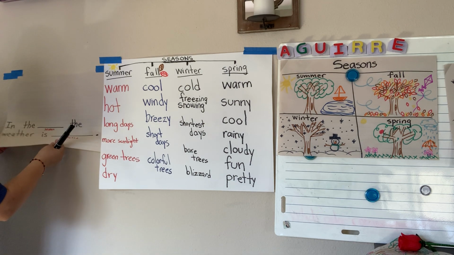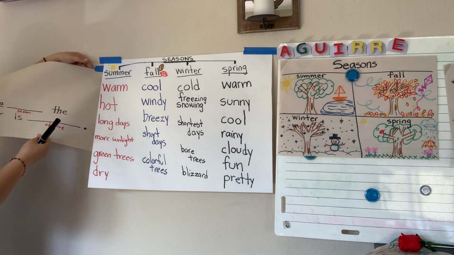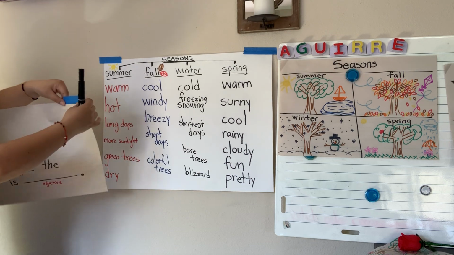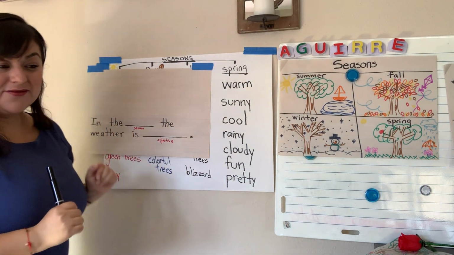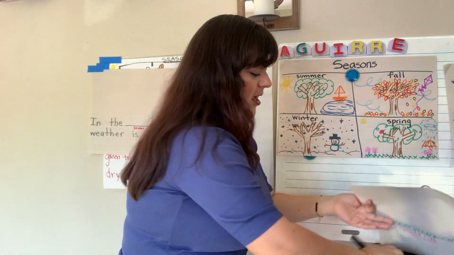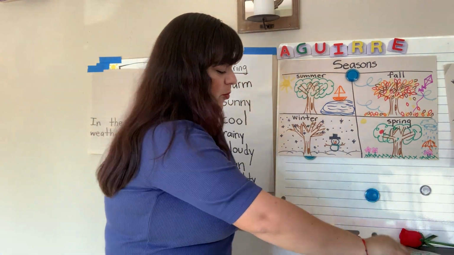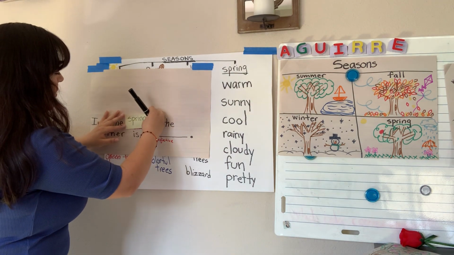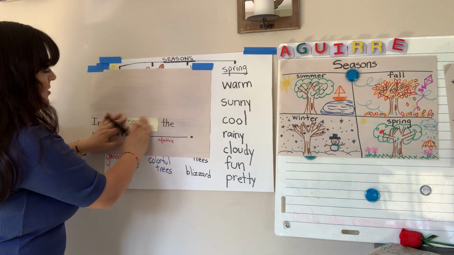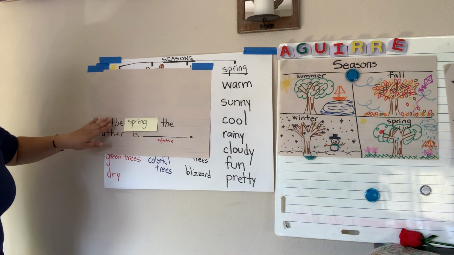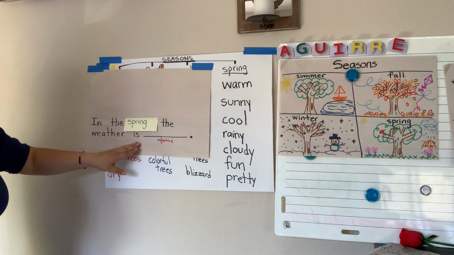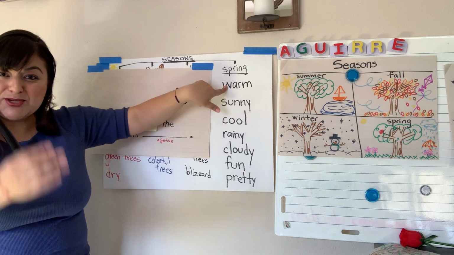So today we're going to say, in the spring, the weather is blank. I'll leave that there. And let me get the word spring. Put it in our language pattern here. And we're going to say, in the spring, the weather is warm. Your turn.